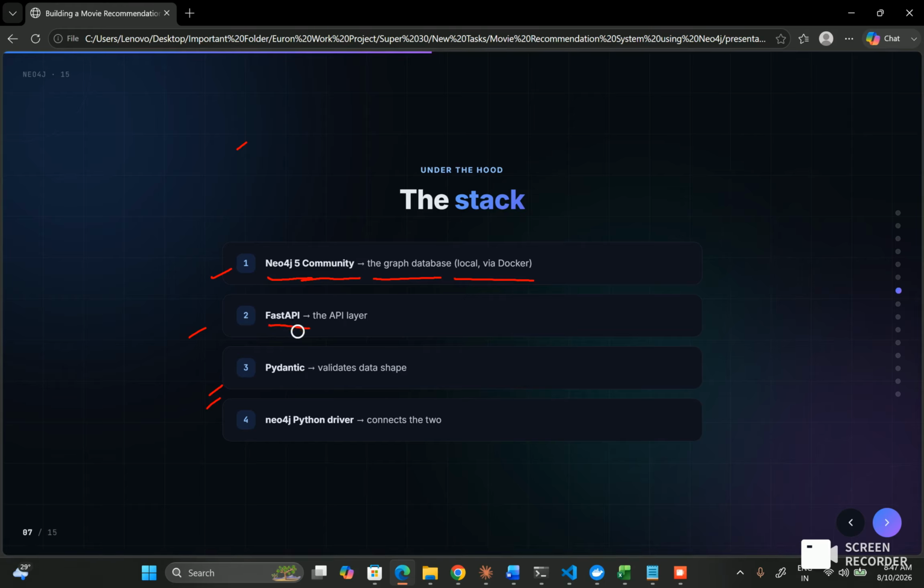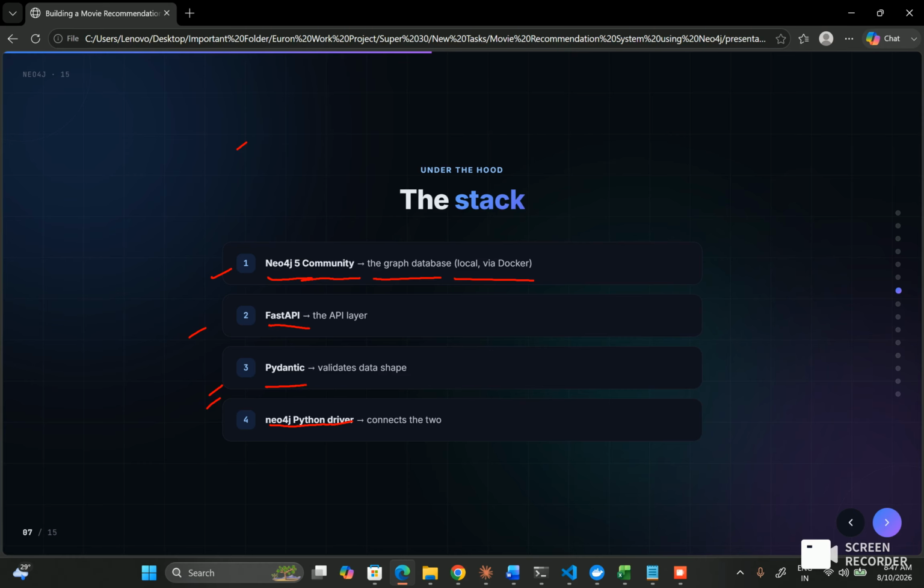FastAPI, the Python framework the API is built on. The official Neo4j Python driver, which is what actually connects the two, and Pydantic, which validates data shape.